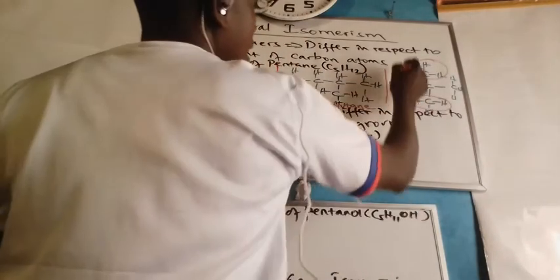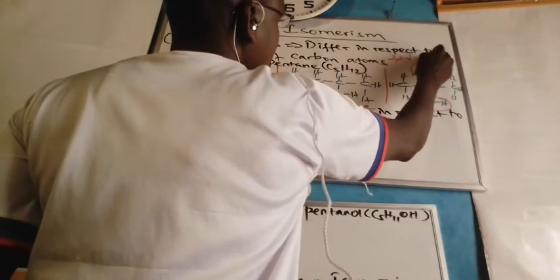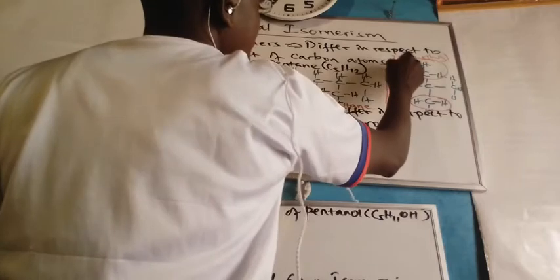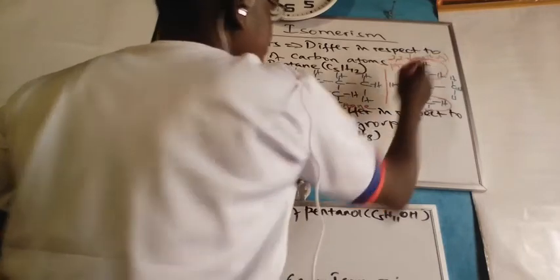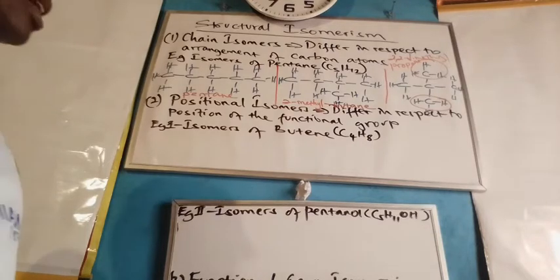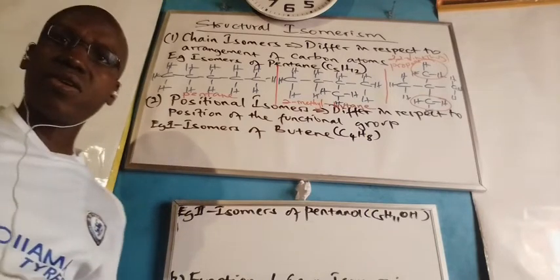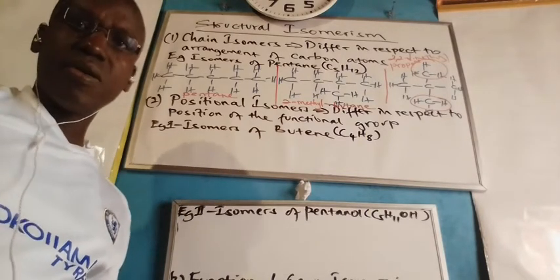Each methyl is on the second carbon, so we call it 2,2-dimethylpropane, because it has 3 carbons in a row. In a nutshell, therefore, pentane exists in 3 structural isomeric forms as pentane, as 2-methylbutane, and as 2,2-dimethylpropane. Remember, chain isomers differ in respect to arrangement of atoms of carbon in the chain.